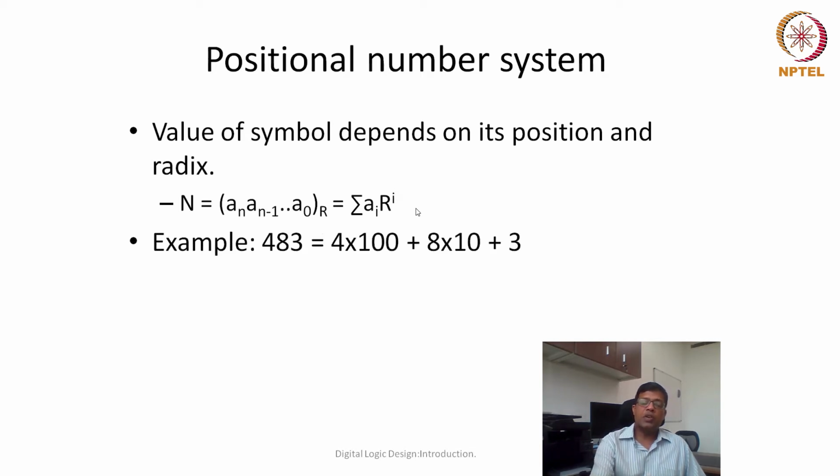Let's say we have 483 as a number. At the units place we have 3, and at the tens place we have 8. So 8 would be multiplied by 10 to the power 1, and 4 would be multiplied by 10 to the power 2. So radix was 10, or base was 10.